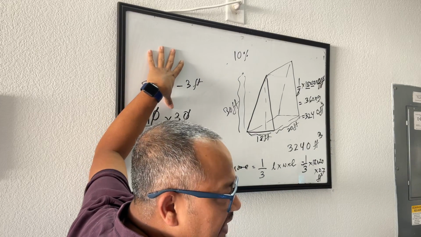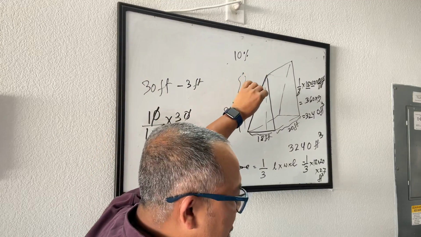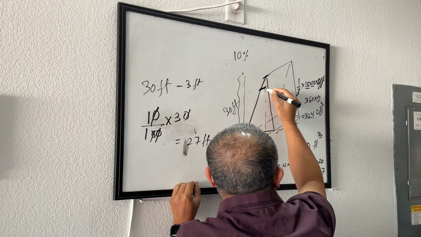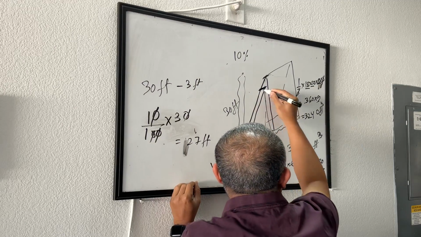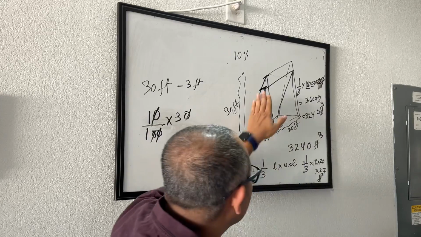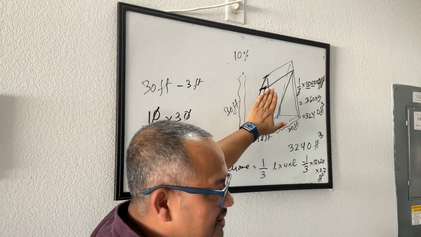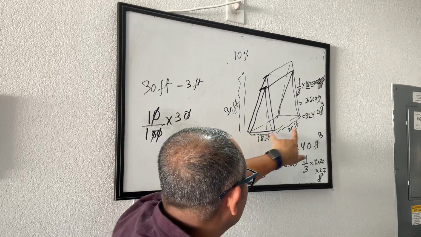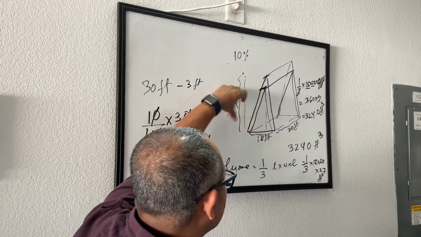You can keep everything as is, just reduce the height by 10%. So this became the house. So what we have been asked is, find out the volume of the new house. Your formula doesn't change, your dimension changed. Length and width remain the same, only your height changed from 30 to 27.